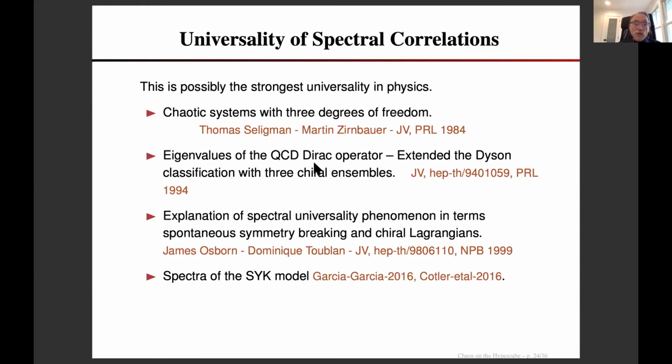This type of universality was explained in terms of effective Lagrangians and spontaneous symmetry breaking. So it's completely understood analytically how that works. Also the spectra of the SYK model are correlated according to random matrix theory, which we worked on earlier, as well as Kotler et al.